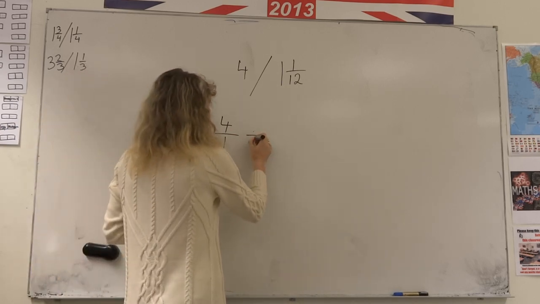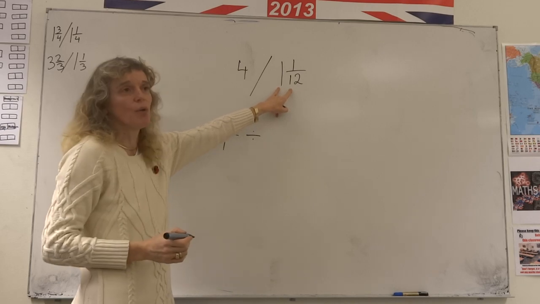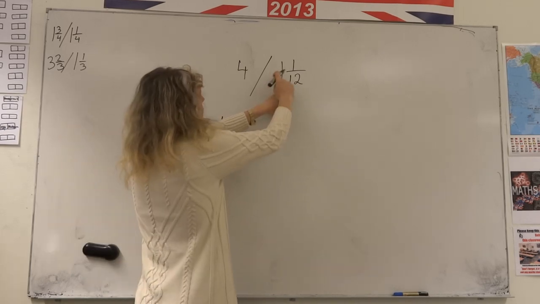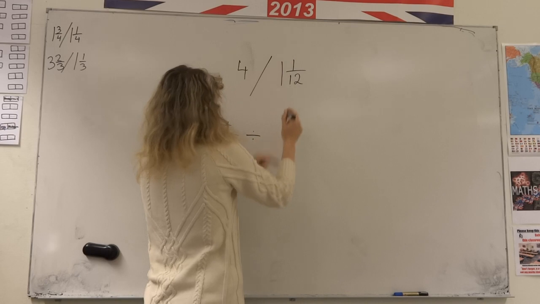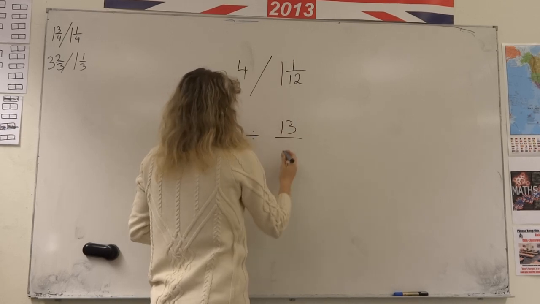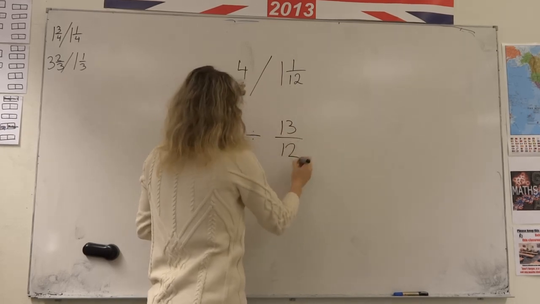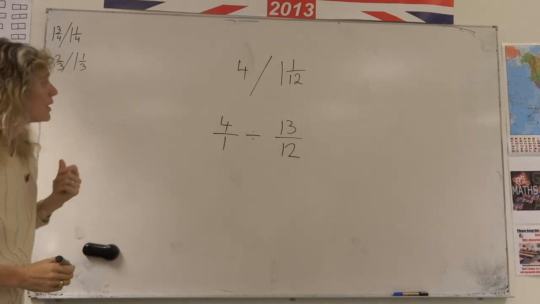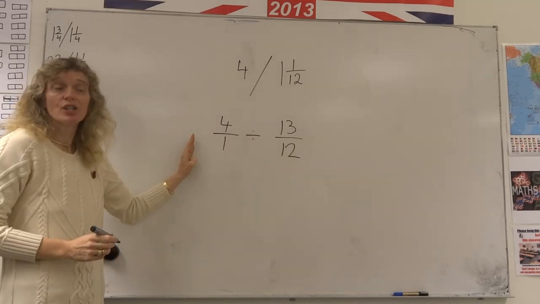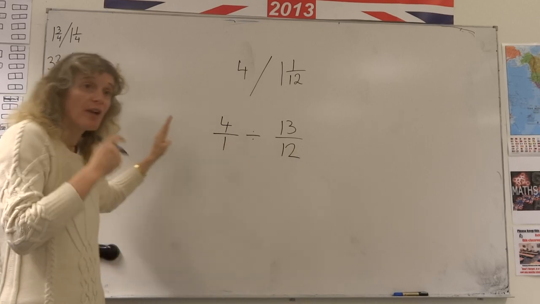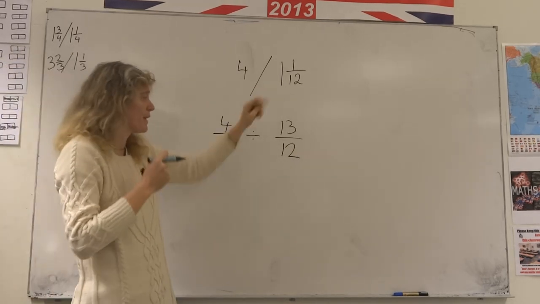And we're going to divide it by, and we change this to top-heavy fraction form. 12 times 1 is 12, plus 1 is 13. 13 twelfths. So this is the fraction now in fraction form.